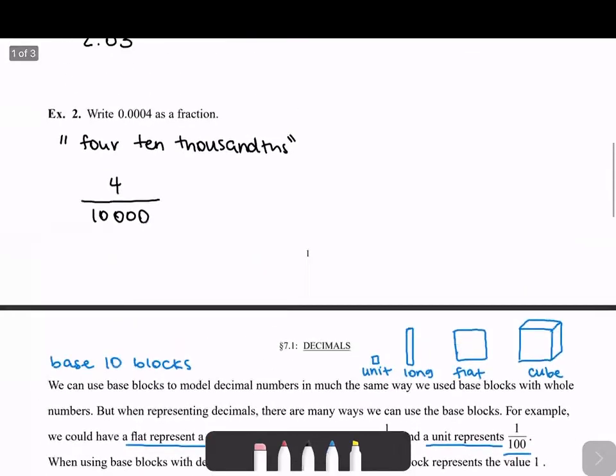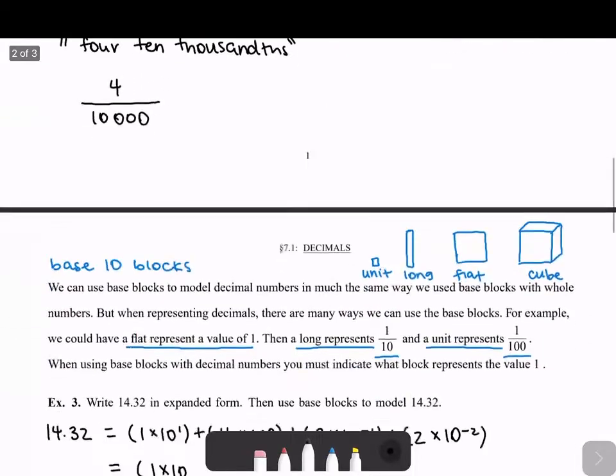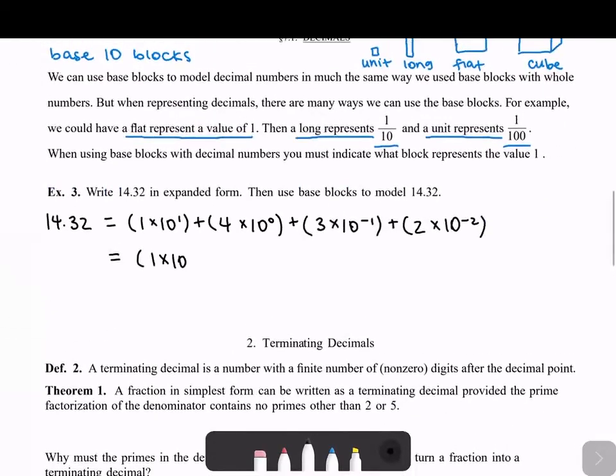Like we saw in this table up here, the exponents are the same thing as just writing it as the fractions. So we can do that same thing down here. So this is 1 times 10 plus 4 times 1 plus 3 times 1/10 plus 2 times 1/100.